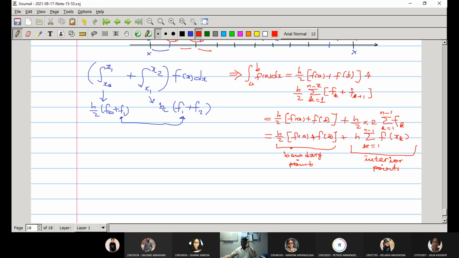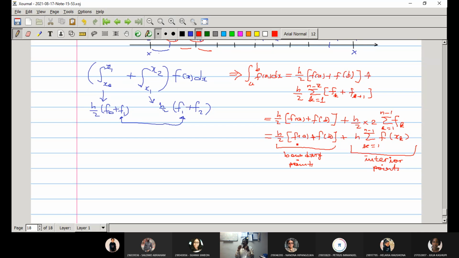I'm not saying memorizing, I say remember. So for the boundary points, you sum them. There are only two boundary points, so for the boundary points you have a factor of h by 2. But for the interior points, when you group them and sum them up, you have only a factor of h. There's no h by 2 because those interior points will be summed twice.